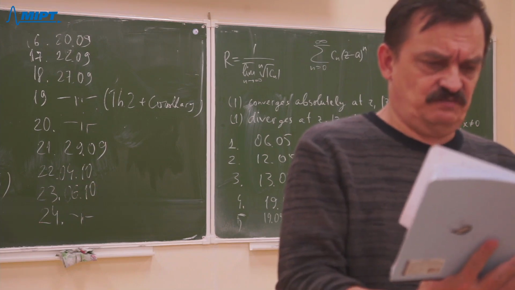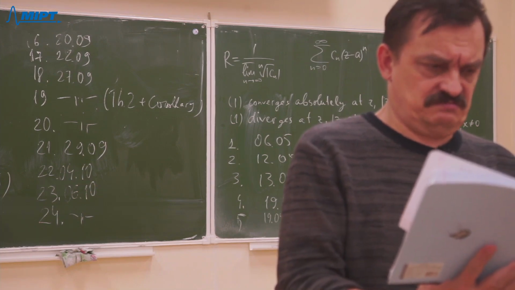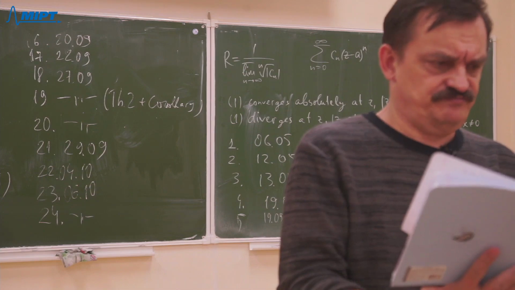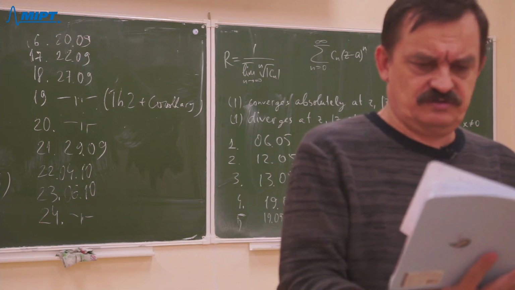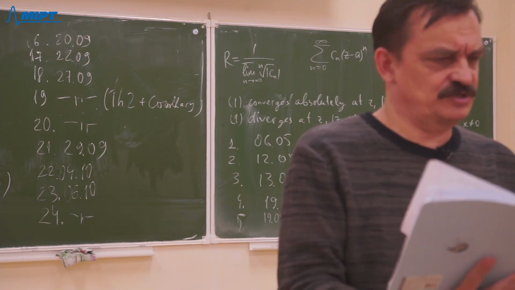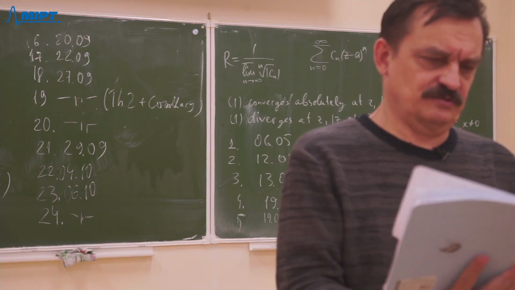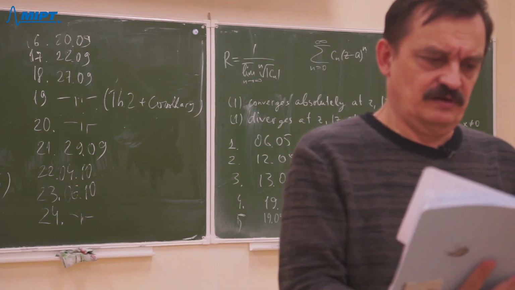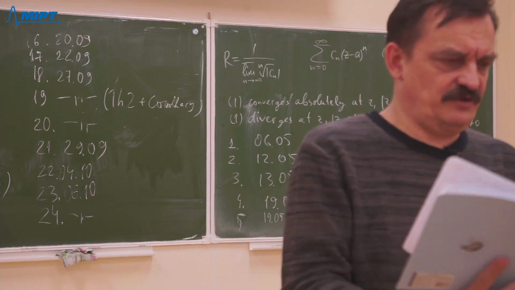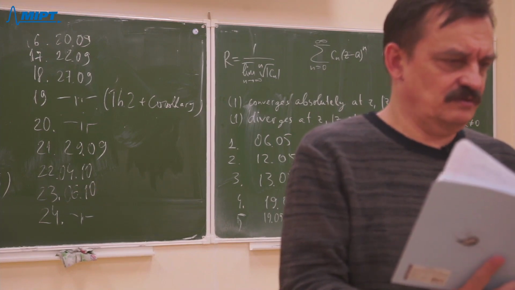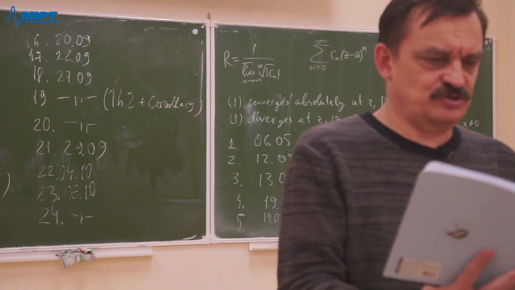That is a very important property, and you should know it because it's a standard question for Russian-speaking students also. But I said everything related to those. These are rather short questions.